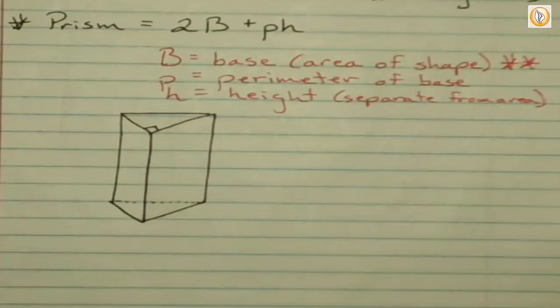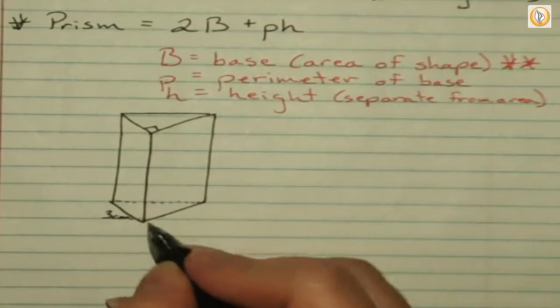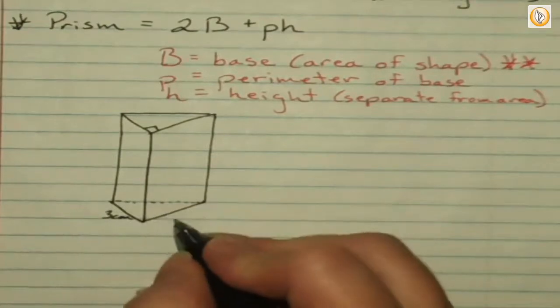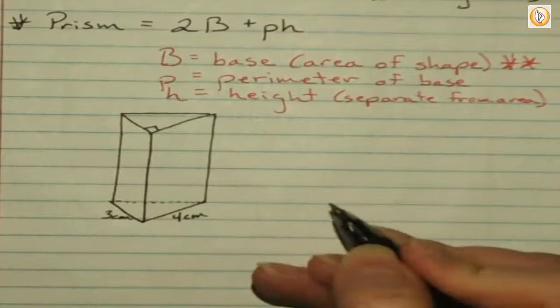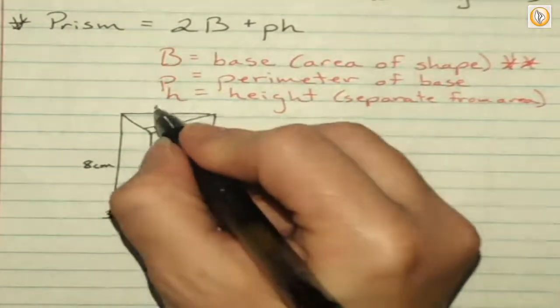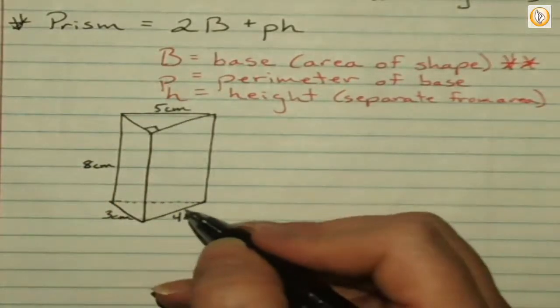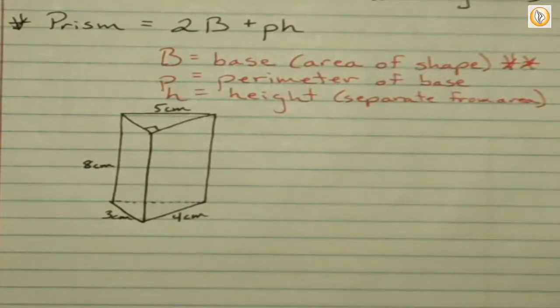That is a triangular prism. That's 3 centimeters right there. That's a 3. 4 centimeters. 8 centimeters. 5 centimeters. Okay.